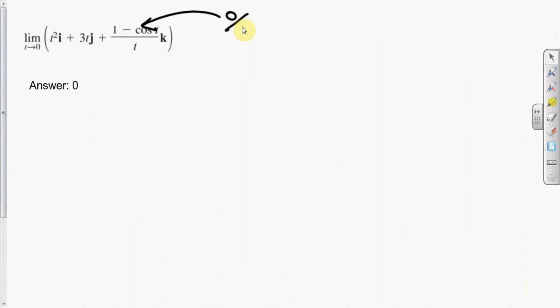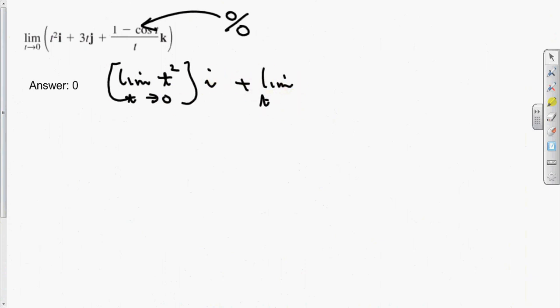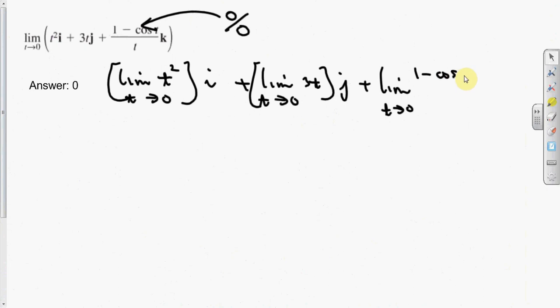This guy, we get 0 over 0, so it's indeterminate. So the first one is the limit of t squared as t goes to 0 times i, plus the limit as t goes to 0 of 3t times j, plus the limit as t goes to 0 of (1 minus cosine t) over t times k.